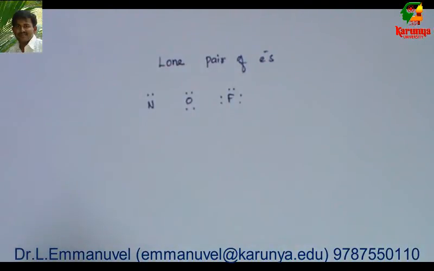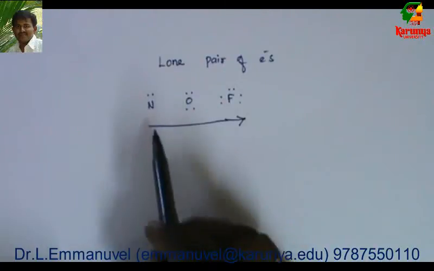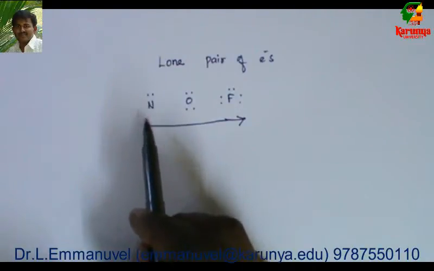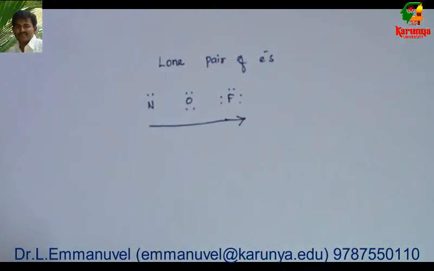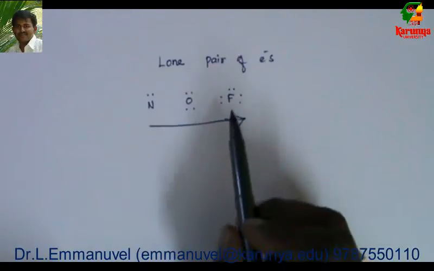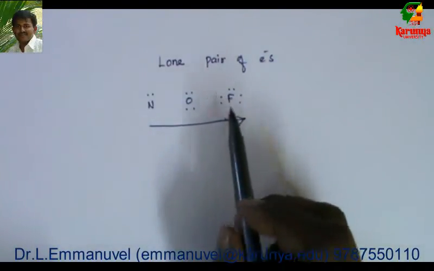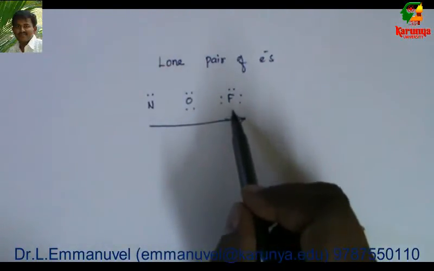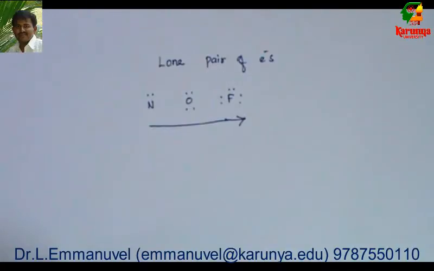Which one is more nucleophilic? The electronegativity is high for halogens and low for nitrogen. That means the available electron cloud on this atom to attack the electrophile is less here and more on nitrogen.